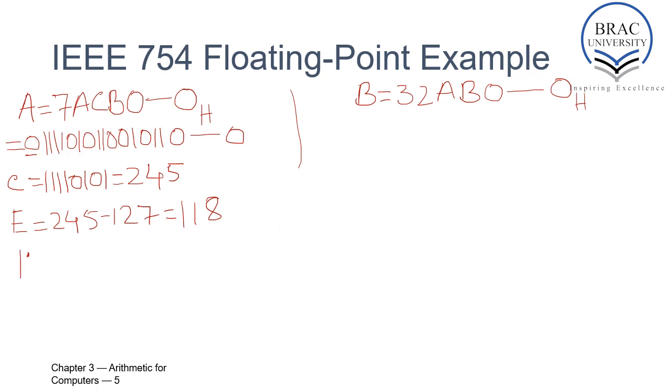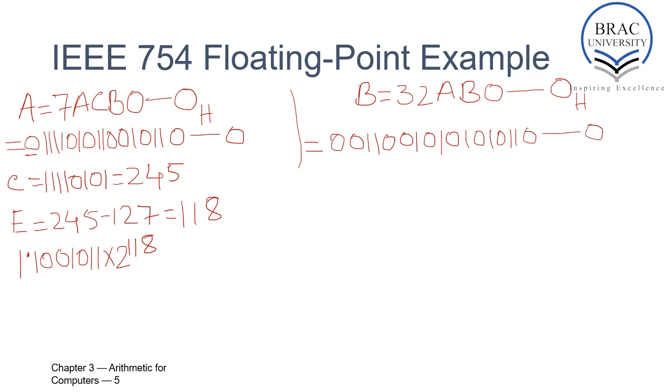So the normalized representation of A would be 1.10010001101111 into 2 to the power 118. And for B, this 3 is 0 0 1 1, 0 0 1 0, and A is 10, so 1 0 1 0, B is 11, 1 0 1 1, and the rest is 0.